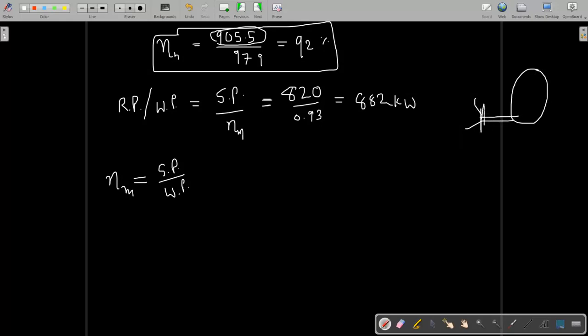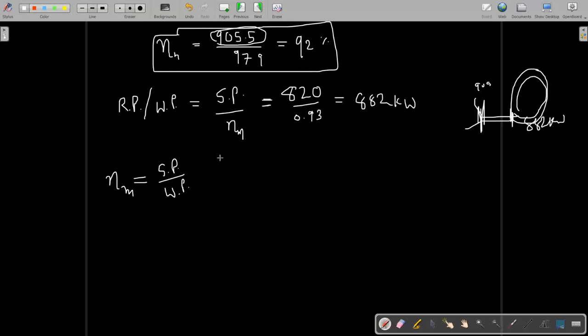So here power is 905 kilowatt, and because there are frictional losses in buckets and splitters, at the periphery the power is 882 kilowatt.